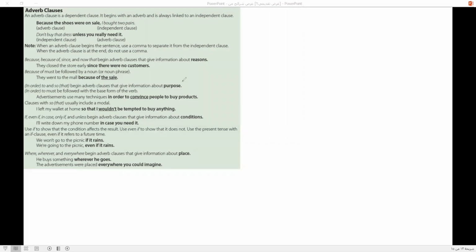If you want to remember it, divide it by function: which adverbs I use to give a reason, to give the purpose or goal of something, to give conditions, if or even if, or if I'm talking about a place. Right, I'm going to give you a question. See for yourself, Salif.